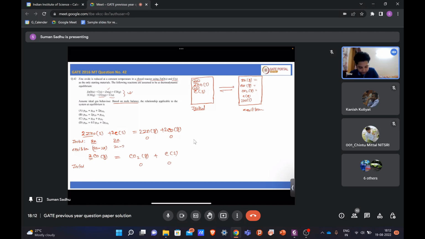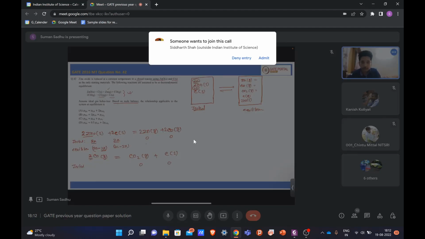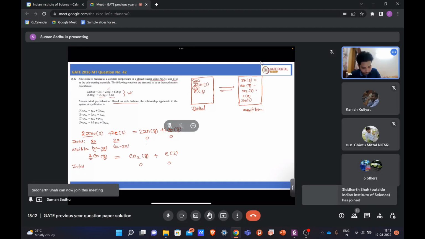So if 2x mole of ZnO is dissociating, 2x mole of carbon will dissociate. How many mole of zinc and carbon monoxide will form? As 2x mole is dissociating, 2x mole of zinc will form here and 2x mole of CO in the gaseous form will form here.